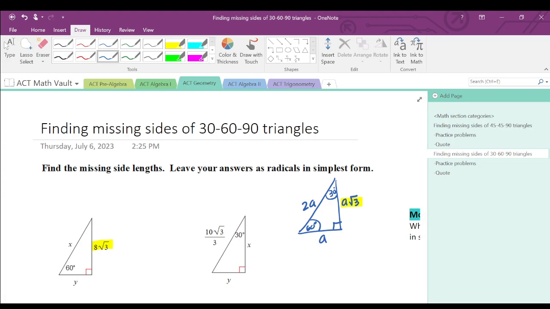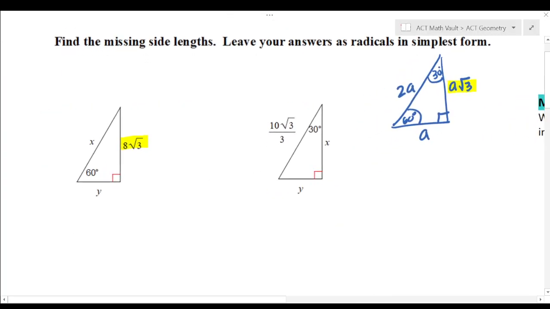That's why this first problem is a little easier than the second one, because if I know that this is A√3, this is A, and this is 2A, then isn't A just equal to 8? So I can just label this one as 8, and then the 2A would be 16.